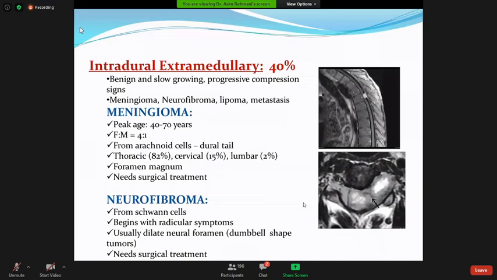The surgical treatment of both neurofibroma and meningioma is complete surgical excision, and in neurofibroma, we have to sacrifice the nerve which is involved in the tumor formation.